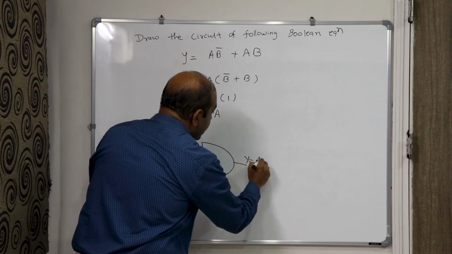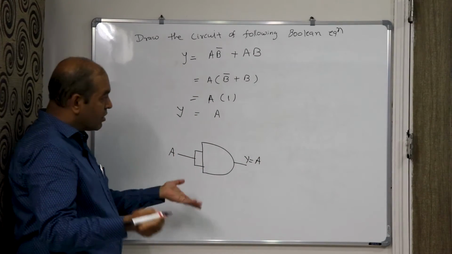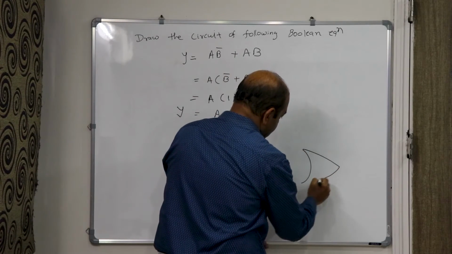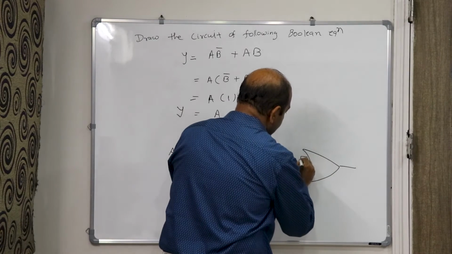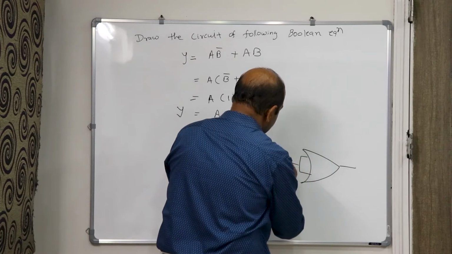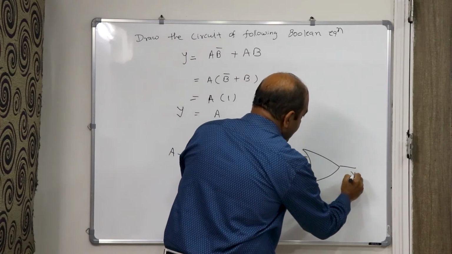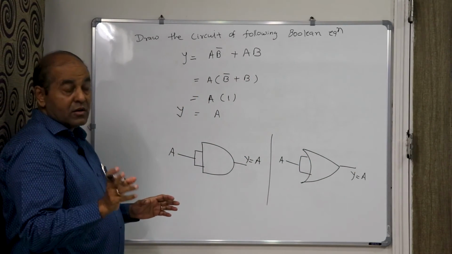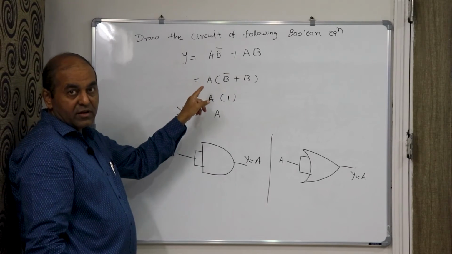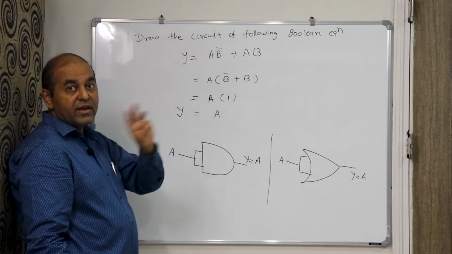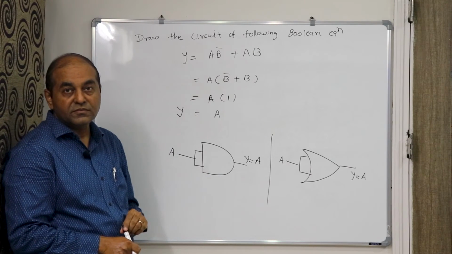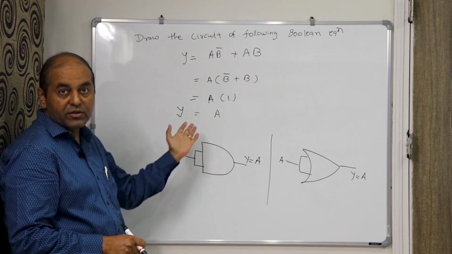Or you can use this one also. Y equals A. So the work of 3 gates, which we saw in the previous example, is completed by using a single gate. This is the advantage. Copy down.